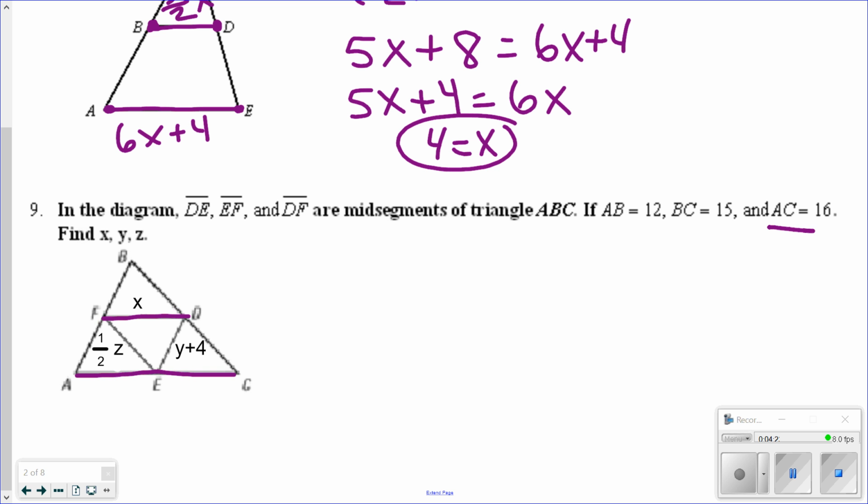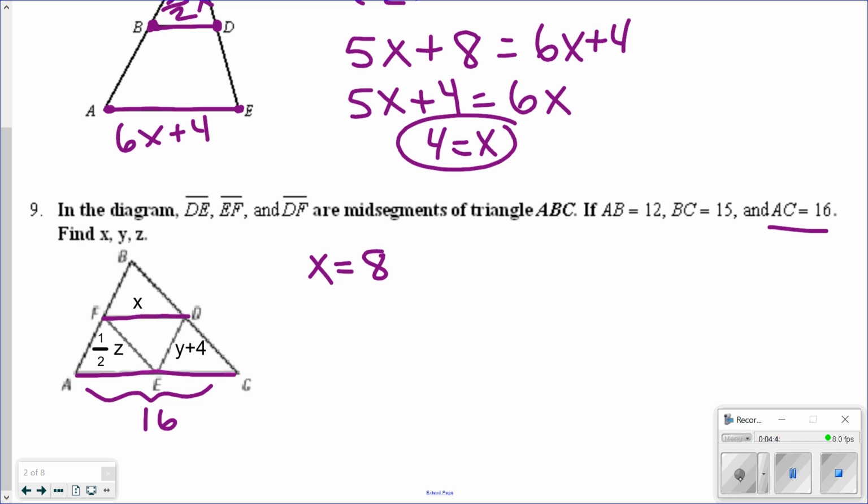I know that AC is equal to 16, so let's mark this. If AC is equal to 16, what would the measure of FD be? It would have to be half of AC, and half of 16 would be 8. So x would be equal to 8.